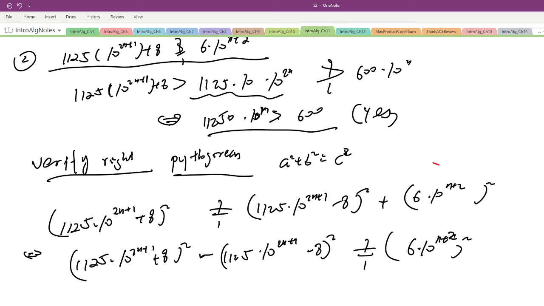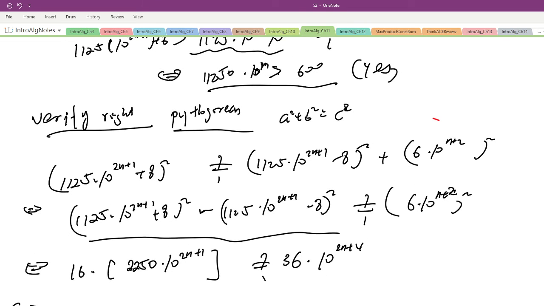And this is also equivalent, using the difference of squares, you can see it will be 16 times 1125, these two together, right, is 22250 times 10 to the 2n plus 1, and whether it equals 36 times 10 to the 2n plus 4. Okay, so it's also equivalent to test, let's take out this one.